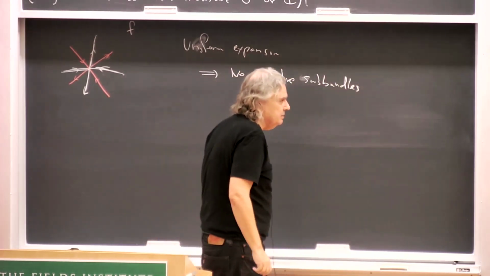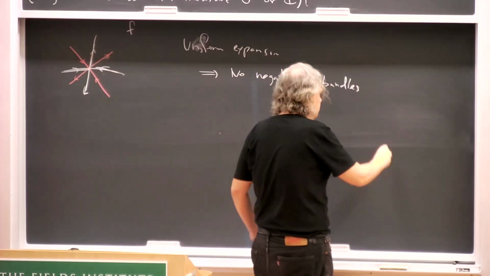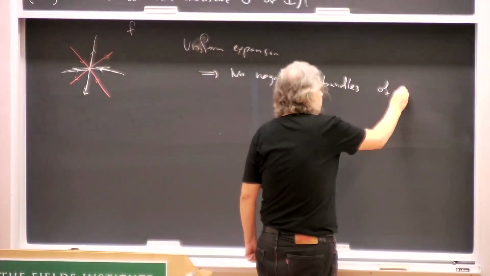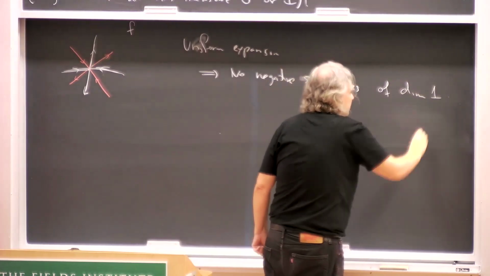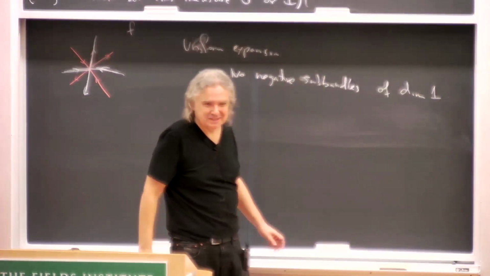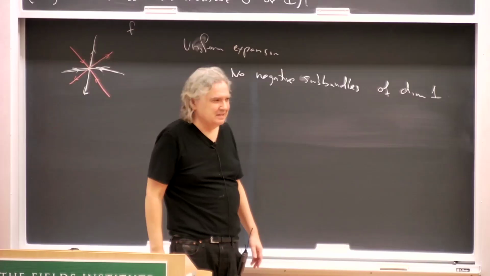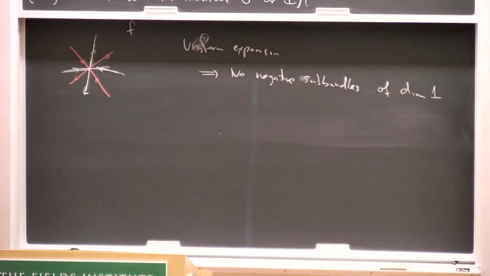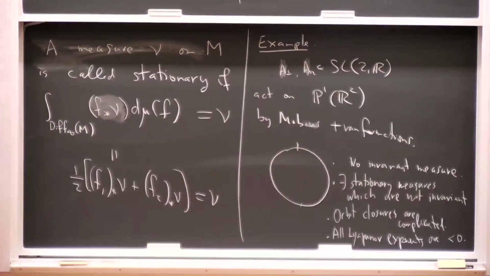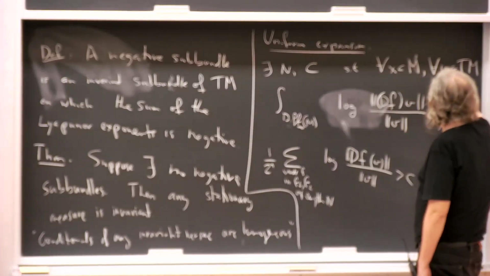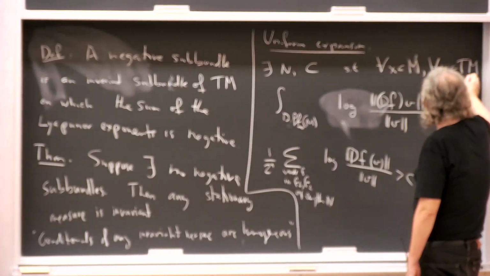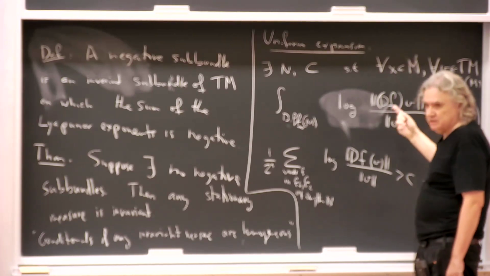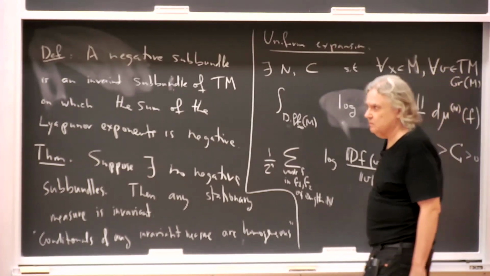Unfortunately, this thing only implies it for dimension 1. No one-dimensional bundle can be contracted. But in order to rule out higher-dimensional ones, you need to generalize this definition. So instead of working on the tangent space, I have to work on some sort of Grassmannian. Then there is a version of this condition which works like this.